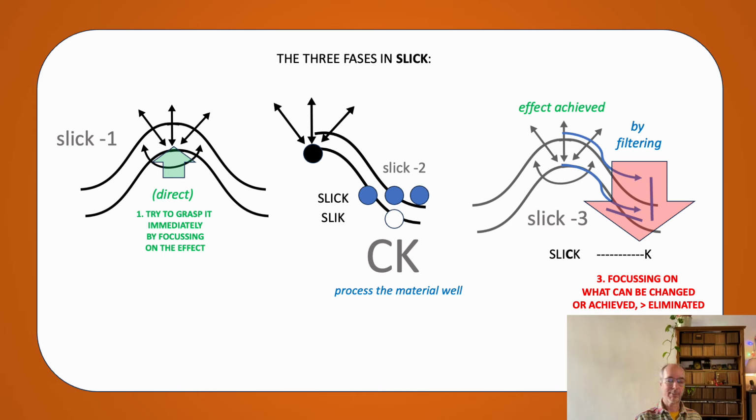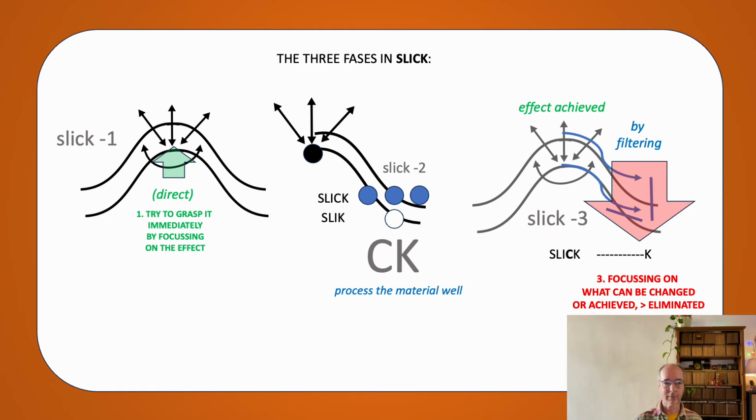So the three parts of slick are there as well. Just a small reference point. It's not that important, but the three parts are there. The outer effect is we try to grasp the slickness immediately by focusing on the effect that it will have on us. The processing itself is in the CK, the processing of the material.